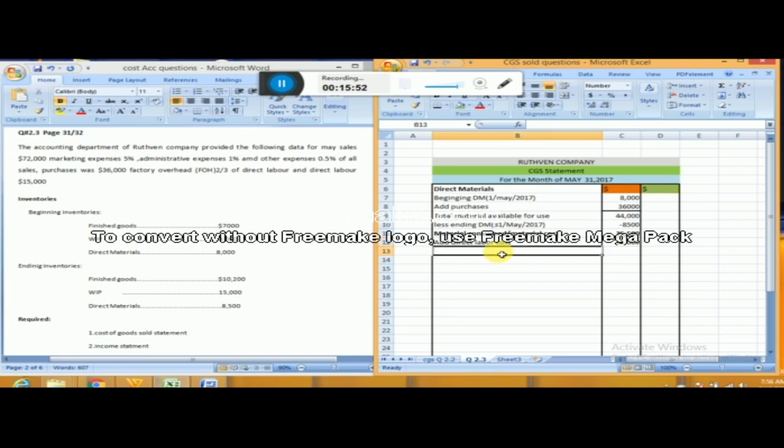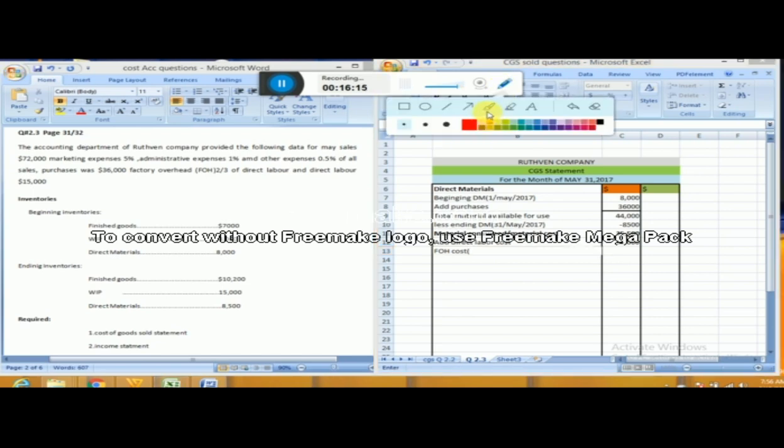Now on this direct labor, there is also some factory overhead cost. Factory overhead cost means indirect cost which takes place in the factory, also called FOH cost. But FOH cost, if you look here, is not given directly.